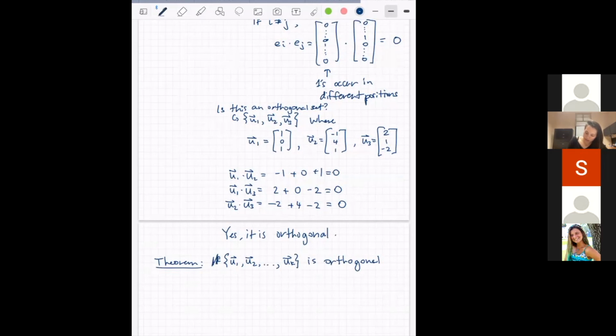So if this set is orthogonal, then these are linearly independent and non-zero. Or maybe I'll put it this way: does not contain the zero vector. Then the collection is linearly independent.